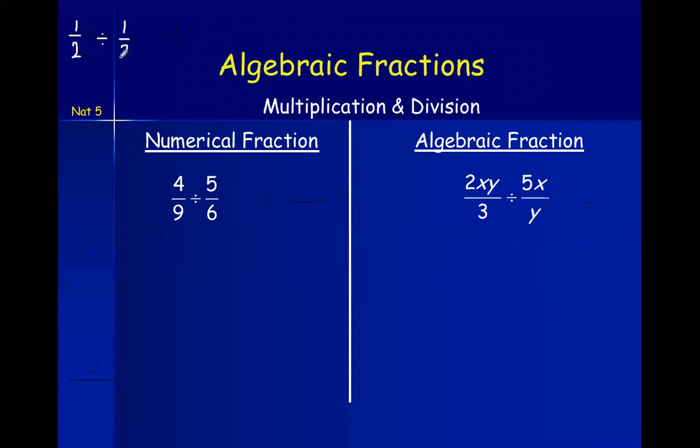You ask yourself this question. When you divide two numbers, you just say, how many halves can I put into a half? That's what divide means, right? 8 divided by 4. How many 4s can I fit into 8? 2. Now, how many halves can I fit into a half? 1.